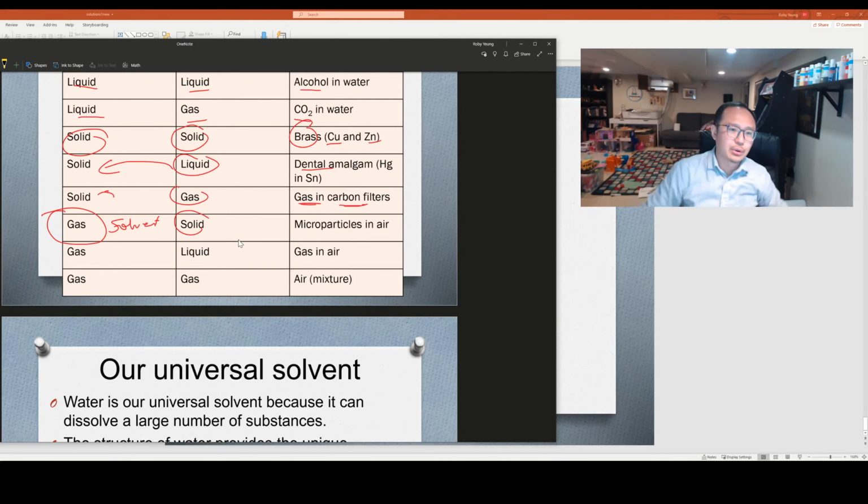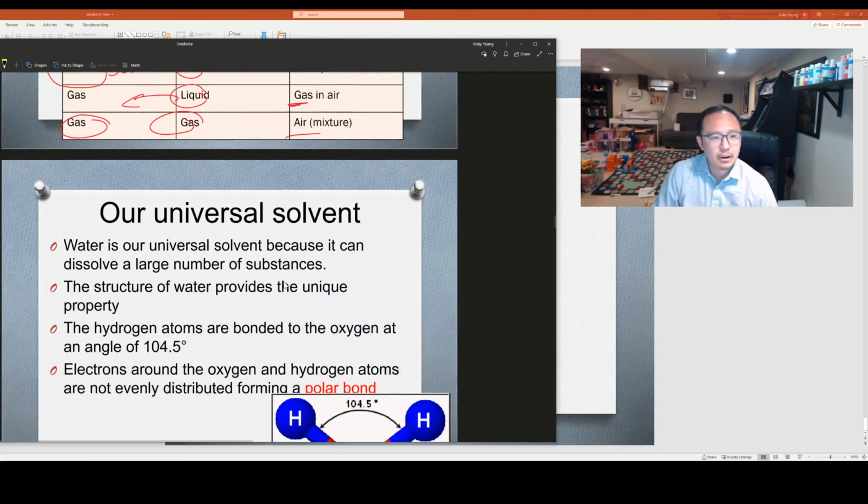The air is your solvent. And then liquid in gas, like water moisture, and then gas in gas is just like air, because air is a mixture of various gases, right? So that's your different possibilities or combinations of solutions. That's it. All right.